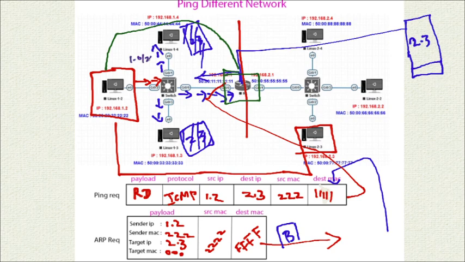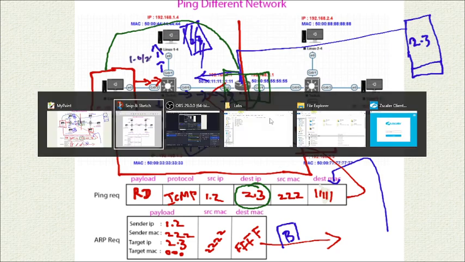Then the router takes it from this interface to that interface. After that, because the router does not know the MAC address of 2.3, it will handle that first.